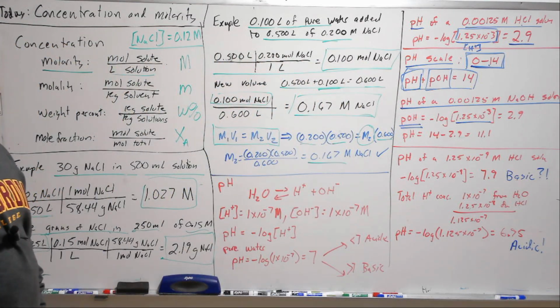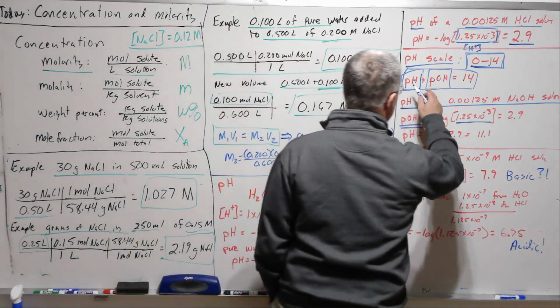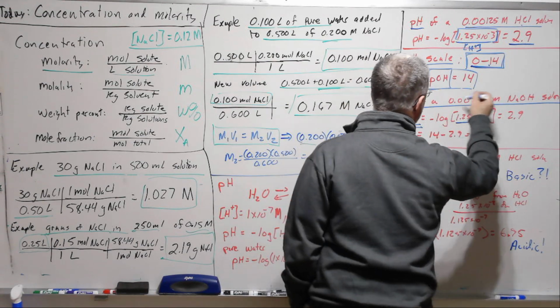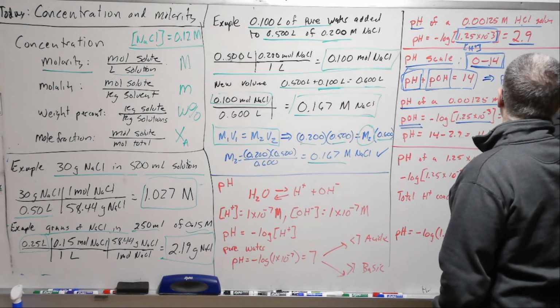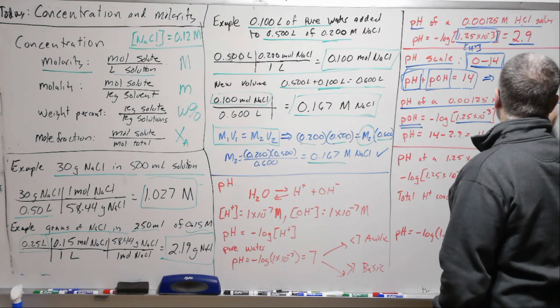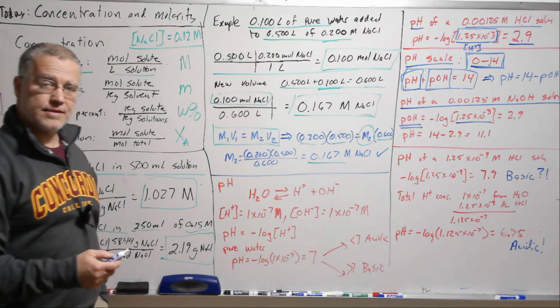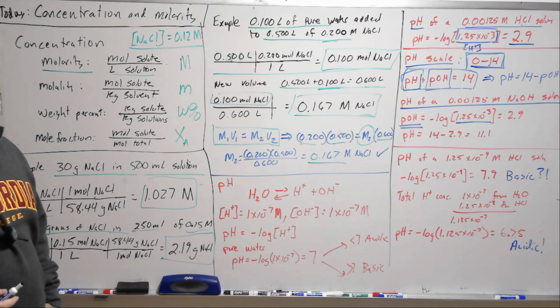So we get the same number, 2.9. And then pH is just 14 minus pOH, and we get 11.1, which makes sense because it's a basic solution.